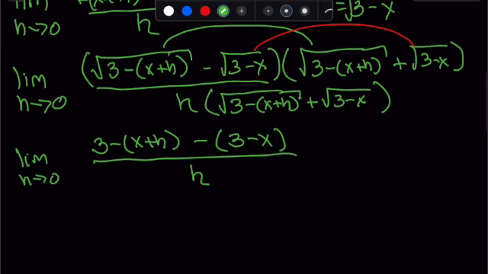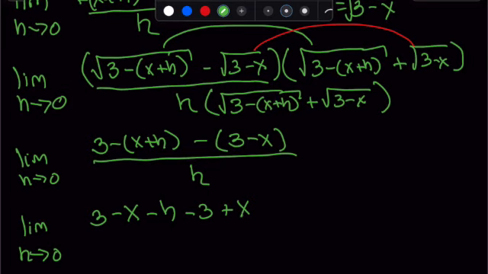So let's simplify this a little bit more. So we get the limit as h goes to 0. I should have written that below there, below the limit as h goes to 0. So we get 3 minus x minus h minus 3 plus x, all over h.